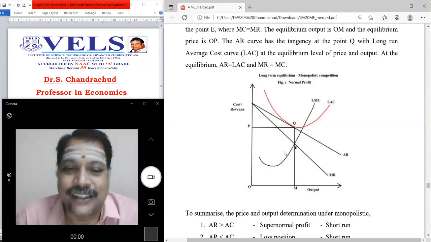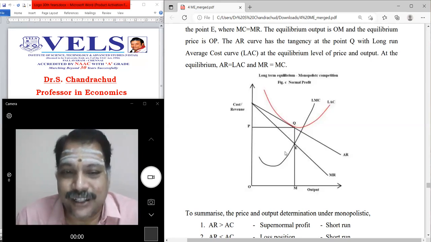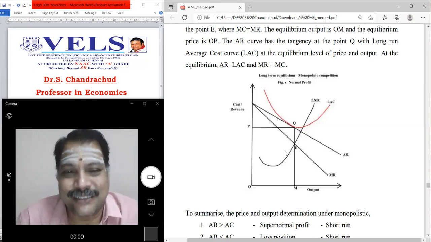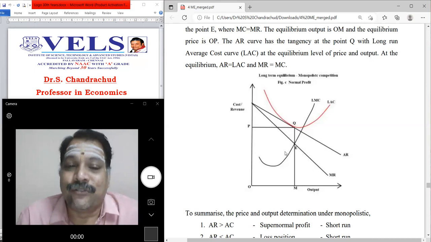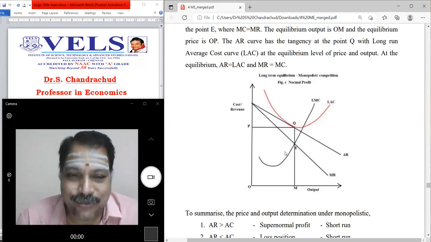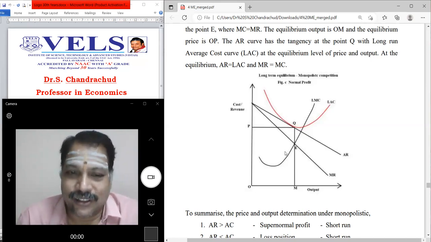At that point E, the marginal cost is equal to the marginal revenue, and this point is the equilibrium because the marginal cost intersects the marginal revenue from below. So both equilibrium conditions are fulfilled. Now, when we draw the average cost curve, the average revenue is tangent to the average cost at the point Q. If you draw a perpendicular line, the profit position is normal.